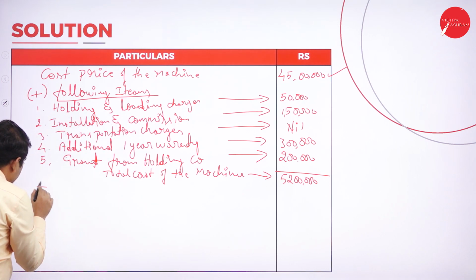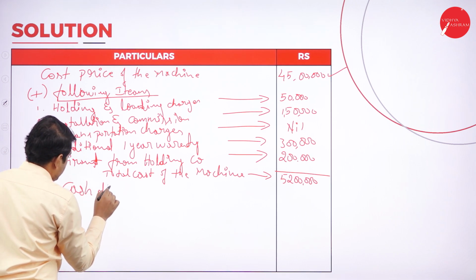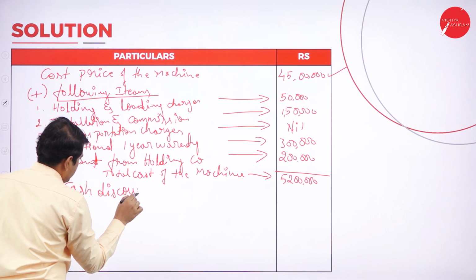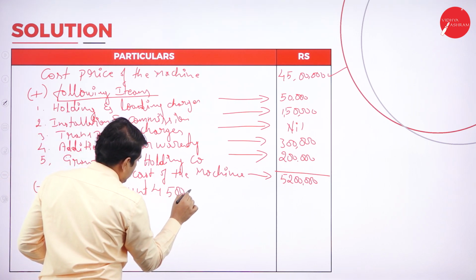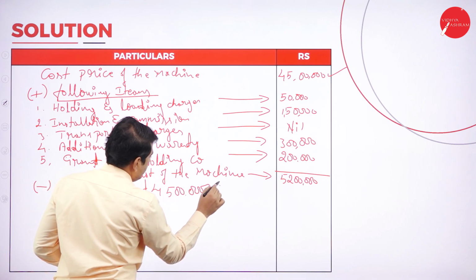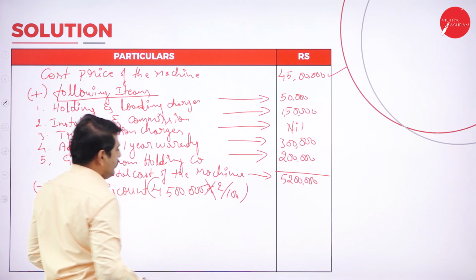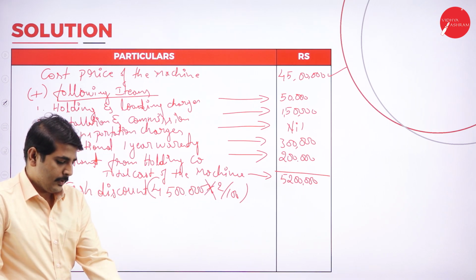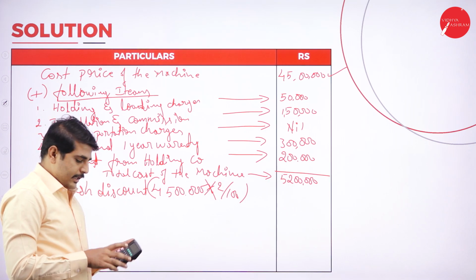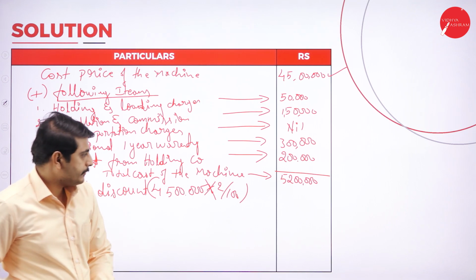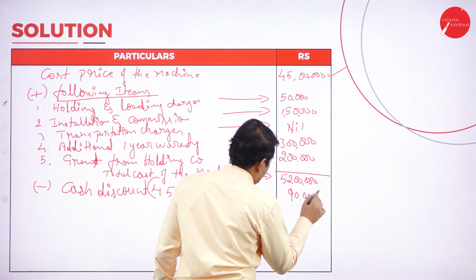So minus cash discount, 45 lakh into 2 by 100. Let's calculate. 45 lakh into 2%, you'll get 90,000. So deduct this 90,000 from 52 lakh.